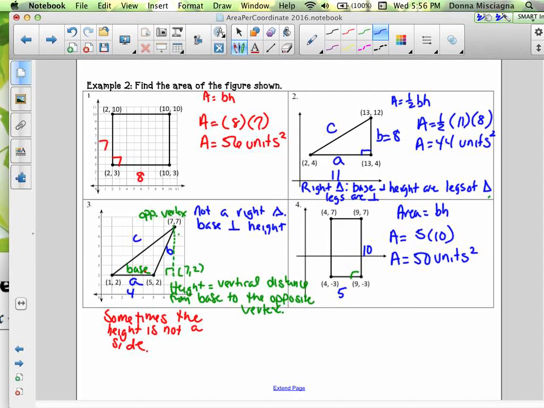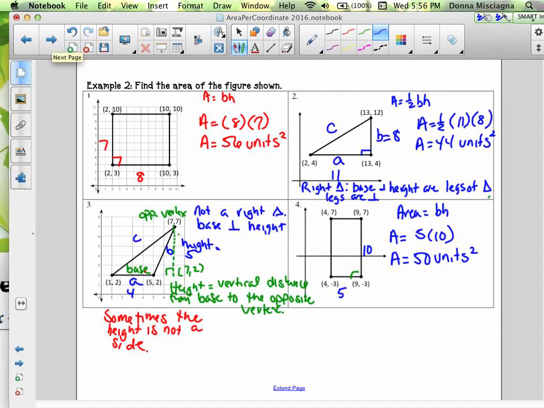like for a scalene triangle here. Our base is marked A there, and that is from 1 to 5, that's 4. Our height is this vertical distance from 7.2 to 7.7, so our height is 5.